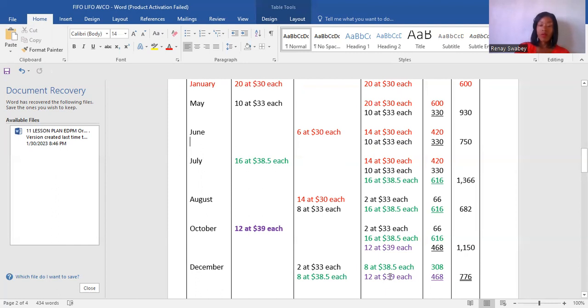Now, because there's an adjusted figure, we're going to do our calculations in this column and put the total there. Before we go on to that though, we have to remember that in October, we purchased 12 sanitizers at $39 each. None of those sanitizers were sold in October. We didn't sell any in November either. So in December, will we sell any?